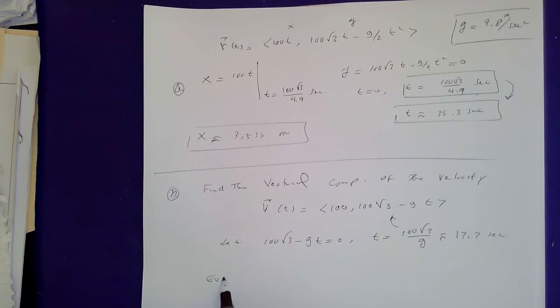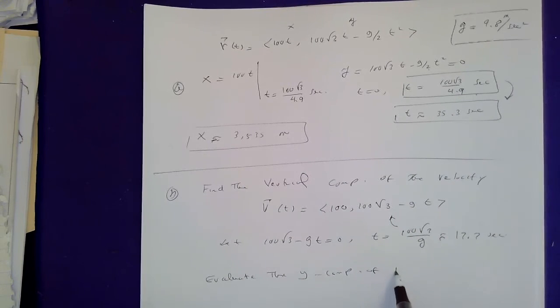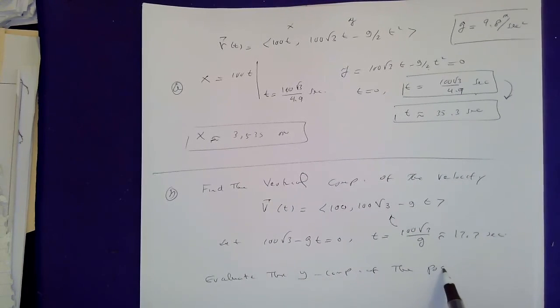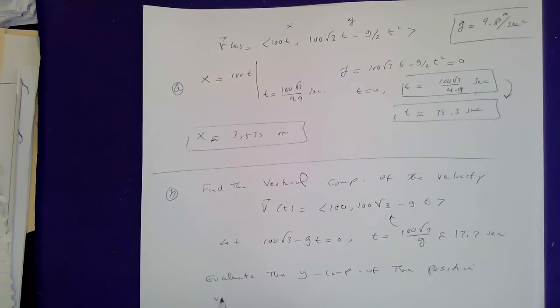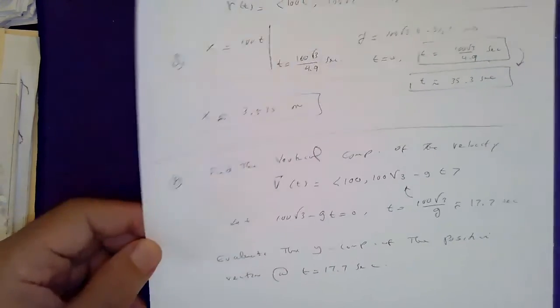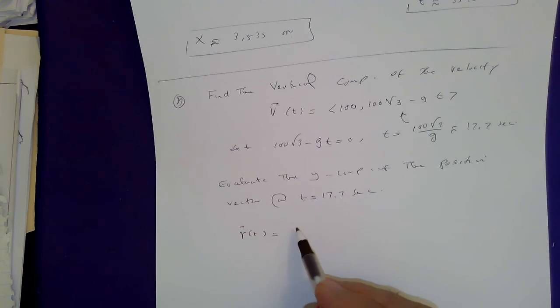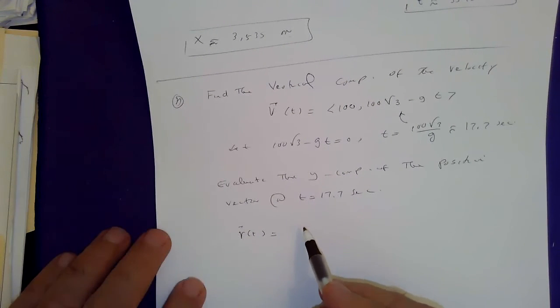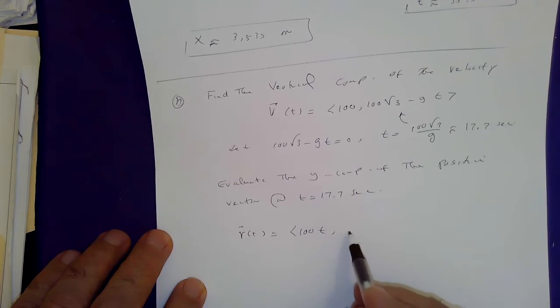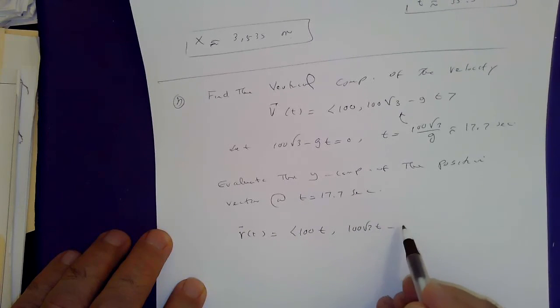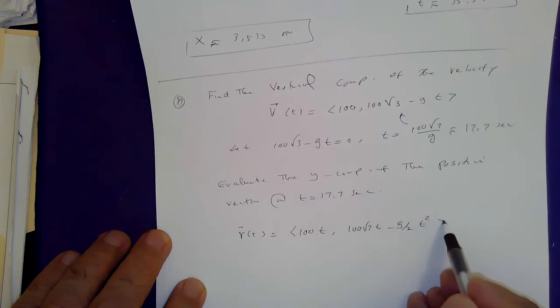Now evaluate the y component of the position vector at t equal to 17.7 seconds. Remember, the position vector came up to, what was it equal to, guys? (100t, 100√3 t − (g/2)t²).